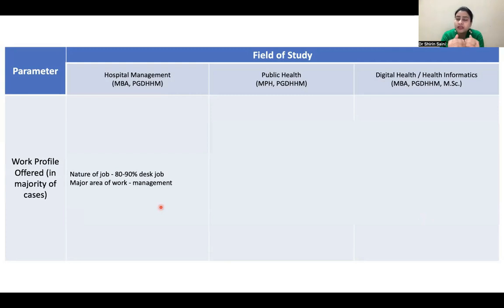You will not be required to go from place to place; you will be sitting at one place doing your job. So it's about 82% desk job, and the major area of work revolves around the management aspect. It can be quality, operations, or any other departmental management, but it focuses majorly on management.